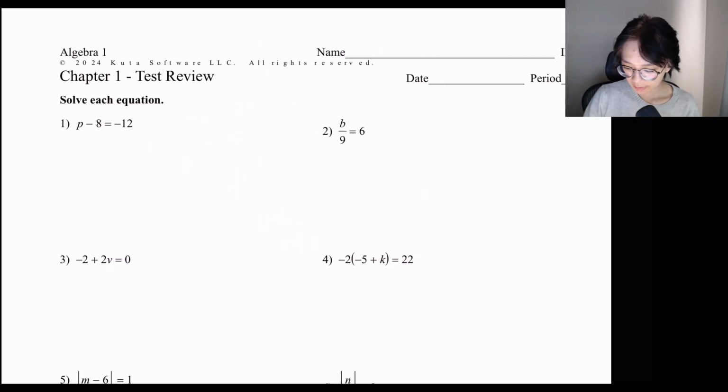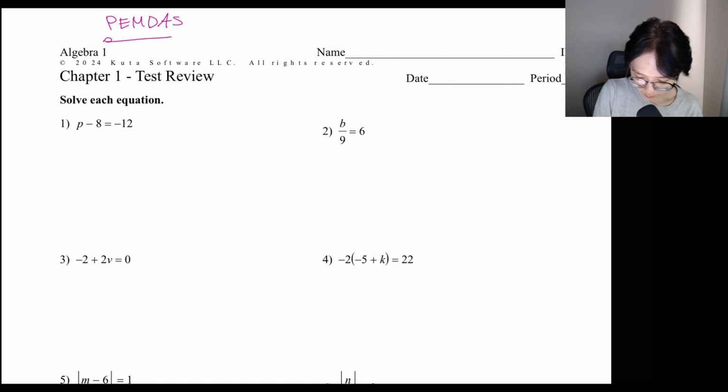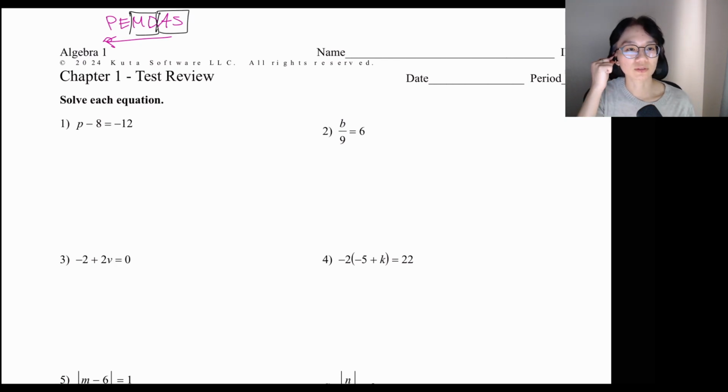First things first, if it helps you, you can write some stuff at the top of your paper if you can't remember it consistently. Like, for example, PEMDAS, reverse PEMDAS, and that addition, subtraction, and multiplication, division are grouped together, or any of the positive negative rules.